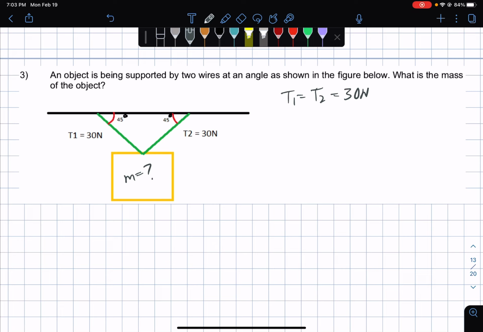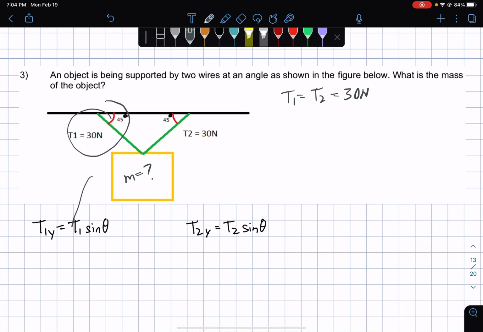How do we describe angle 1 and angle 2? For one thing, we do have these two formulas. T1y is equal to T1 sine theta, and T2y is equal to T2 sine theta. They're essentially the same. The only difference is that this is for tension 1, this is for tension 2.